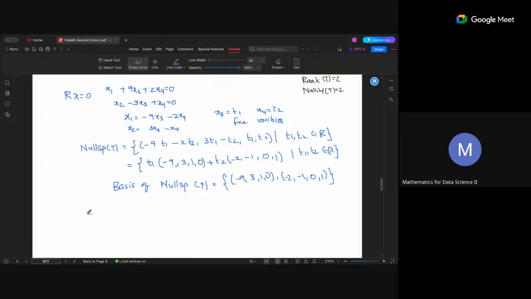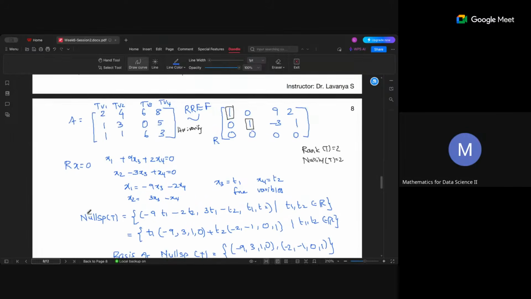Now, how to find the basis for the range? We can do it very directly. Look at the columns containing the pivot. Which columns contain the pivot? First column and second column.